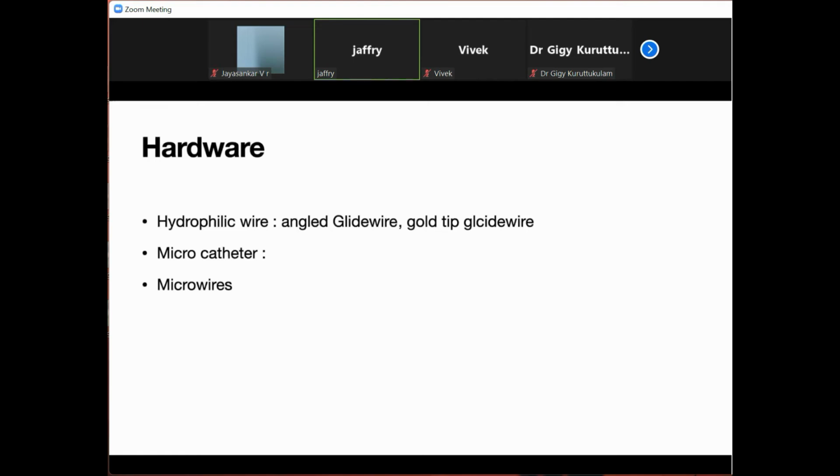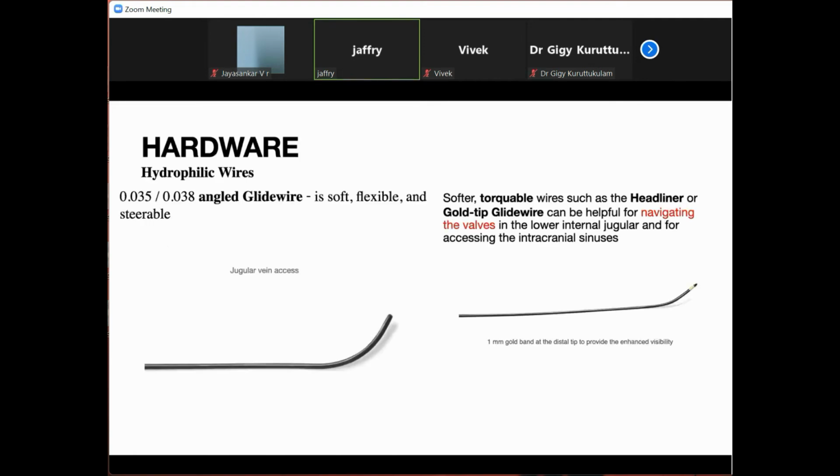Coming to the hardware, the access wires are the angle glide wire or gold tip guide wire, and I'll be discussing the microcatheters and microwires. The advantage of the angle glide wire is that it is soft, flexible, and steerable.